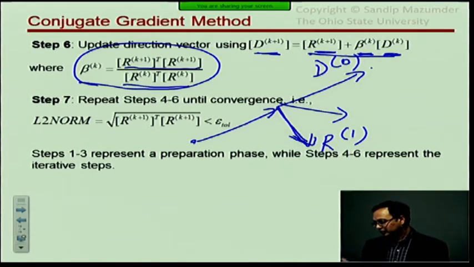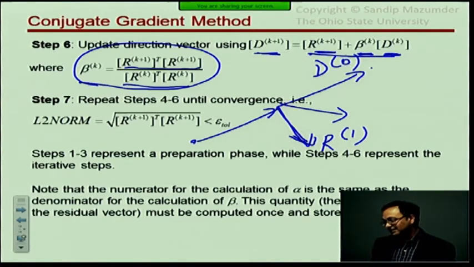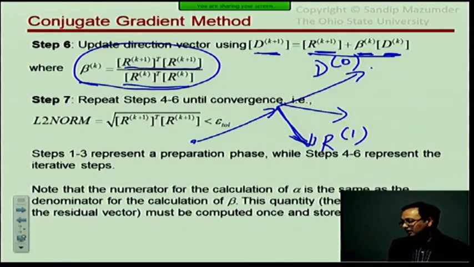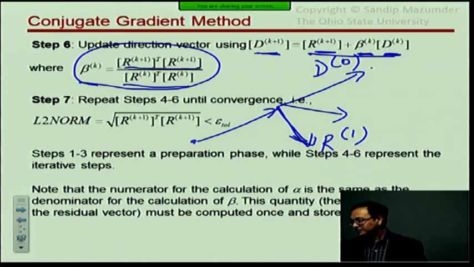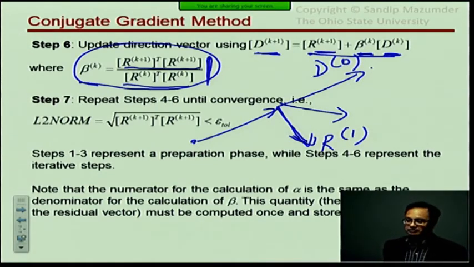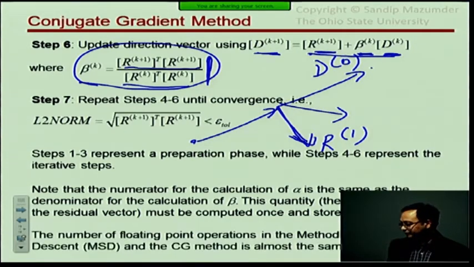Okay, so that's basically the steps in the conjugate gradient algorithm. In terms of the number of operations, it's not anything more significant than the method of steepest descent. There is some extra calculation you have to do to calculate this beta, but that's about it. Number of floating point operations is almost the same.